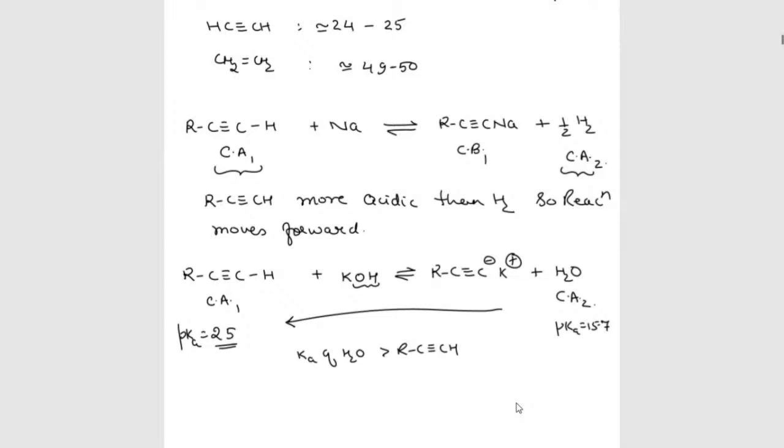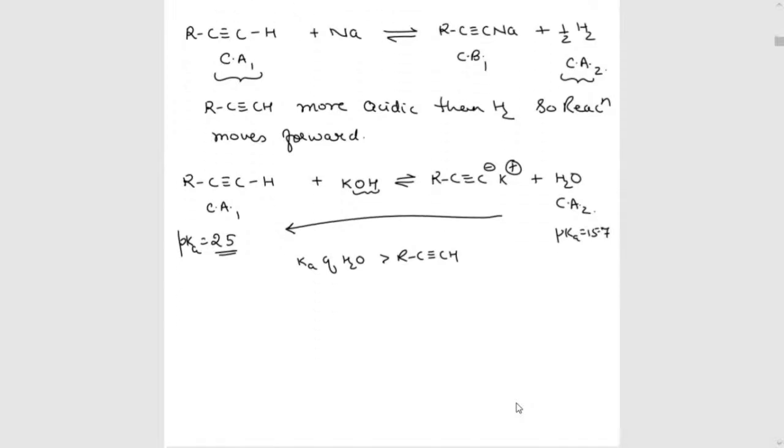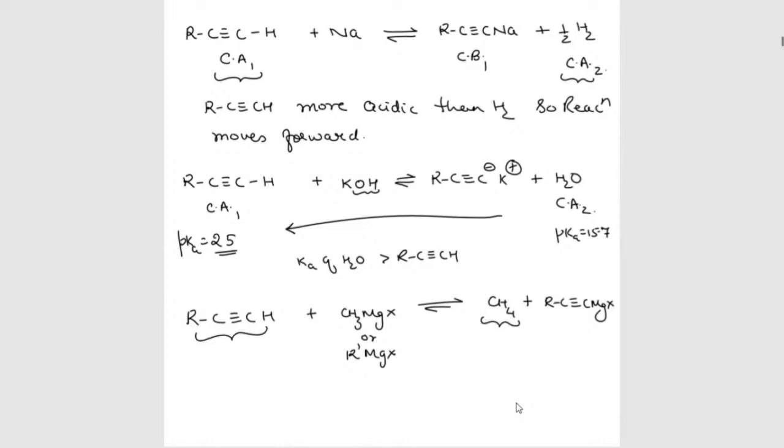Now, what if I take RC triple bond CH plus any Grignard? Let me take, for example, CH3MgX. Taking similar considerations, methane will be formed, RC triple bond CMgX will be formed. Now, methane versus terminal alkyne is to be compared.